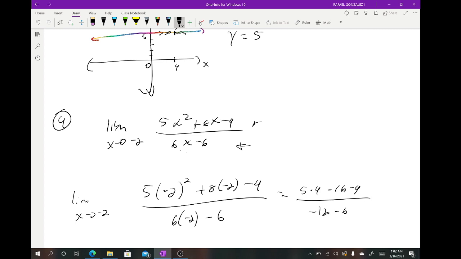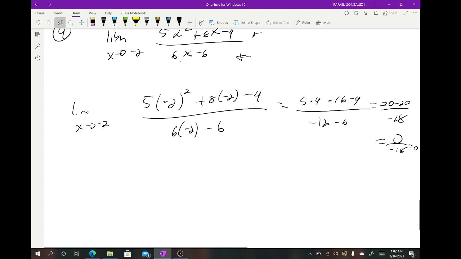But notice that the numerator is going to be 0, so this whole limit is going to be 0, because 5 times 4 is 20, minus 20, and divided by minus 18 is just going to be 0 because the numerator is 0. So you definitely need to be able to use direct substitution to evaluate a limit analytically.